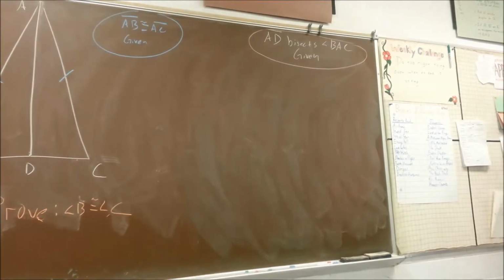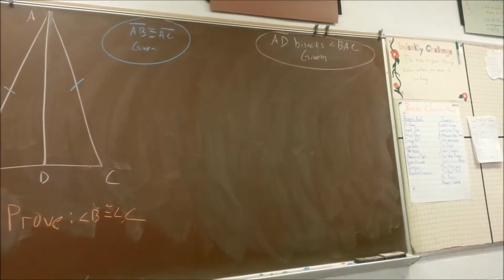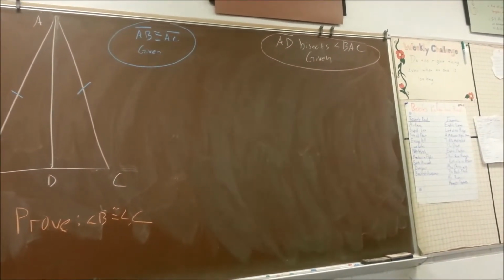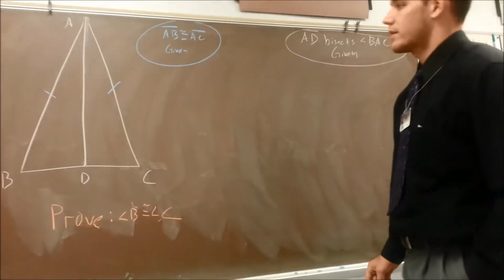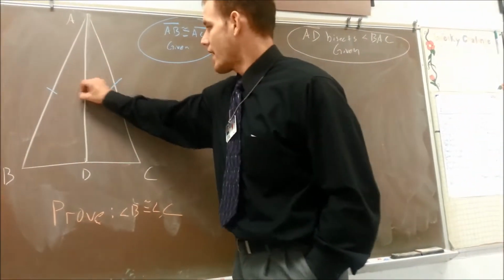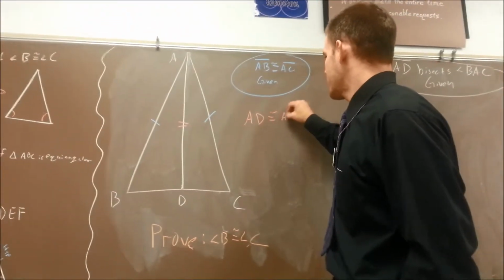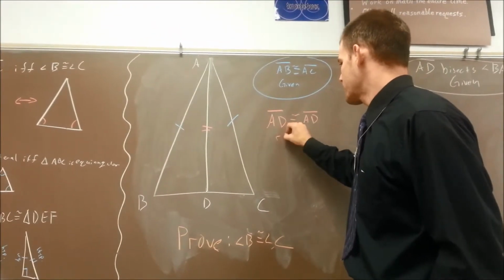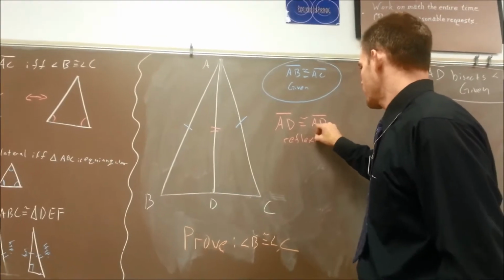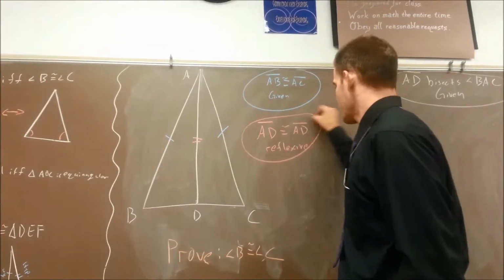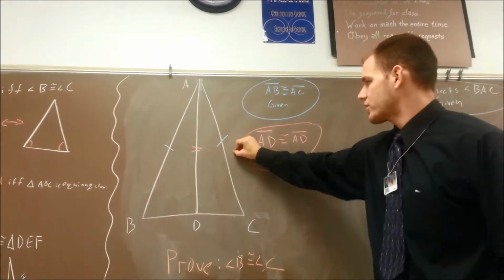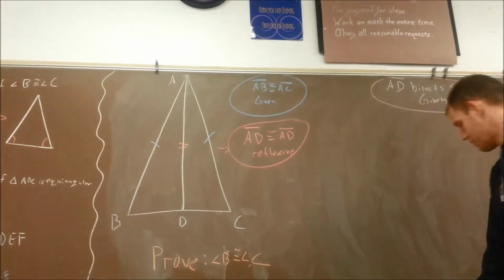Raise your hand, please. Give me one pair of things we can do to prove these triangles congruent. Ma'am? AD is congruent to AD by reflexive. Awesome. We got that from the picture. That's pretty simple.